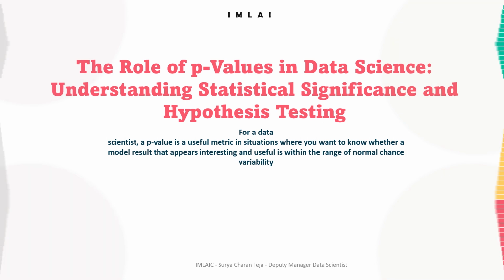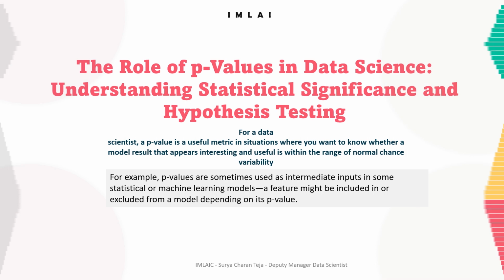For example, p-values are sometimes used as intermediate inputs, and in some statistical or machine learning models, a feature might be included in or excluded from a model depending on its p-value. If I put it in the simplest way, the above statement highlights that for data scientists, p-values are a useful metric in determining whether a model result that appears interesting and useful is within the range of normal chance variability.